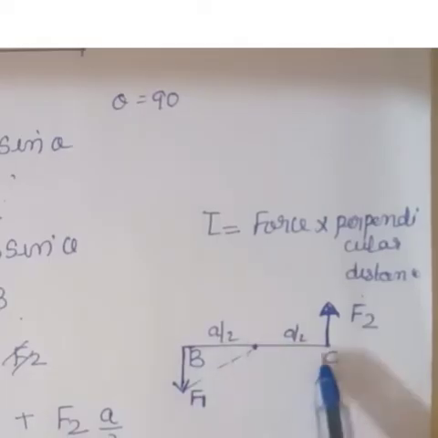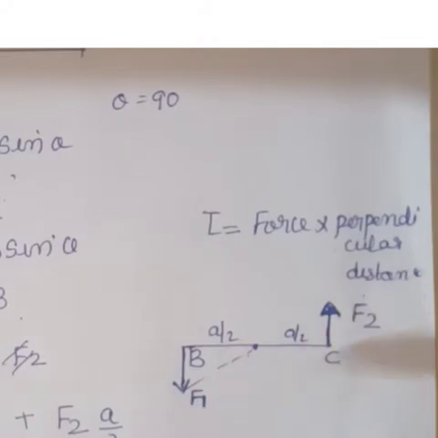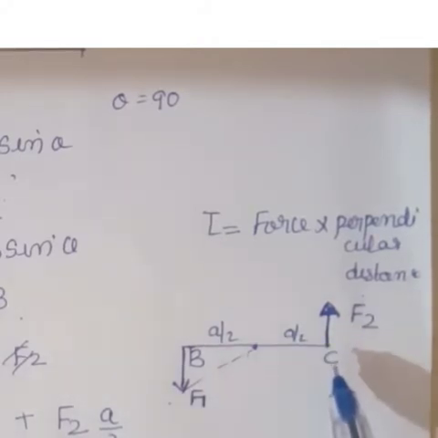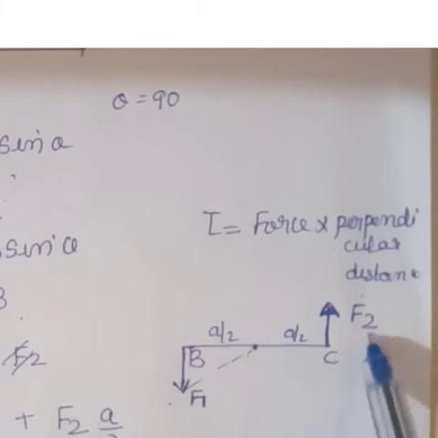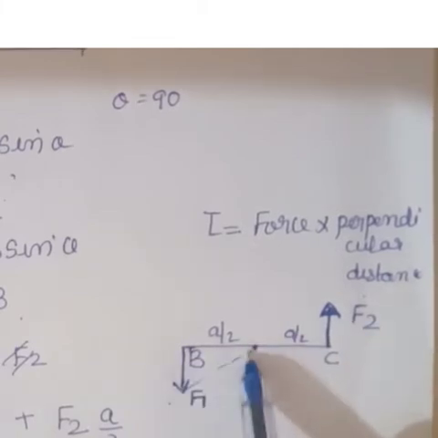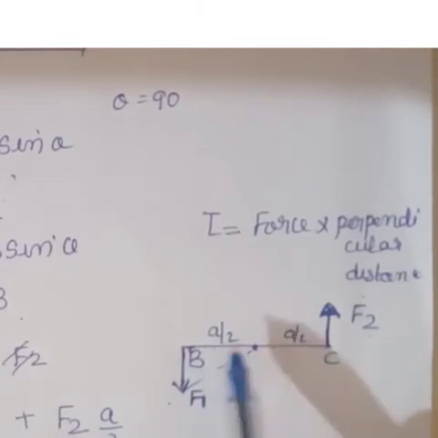See this picture. In the arm AB, the force is exerted towards the plane of the paper, but in the case of DC, the force is exerted towards you. This is the perpendicular distance, which is a by 2.